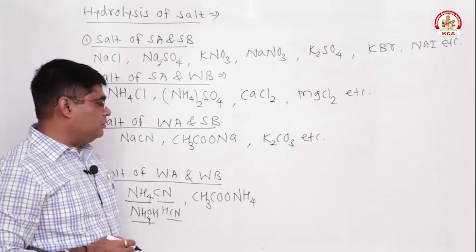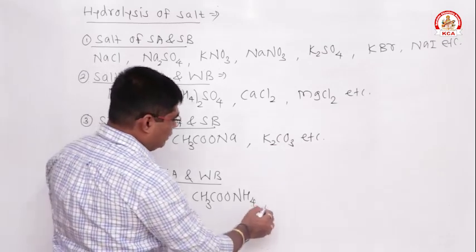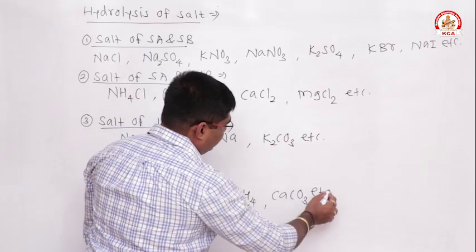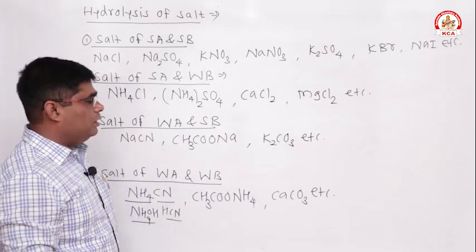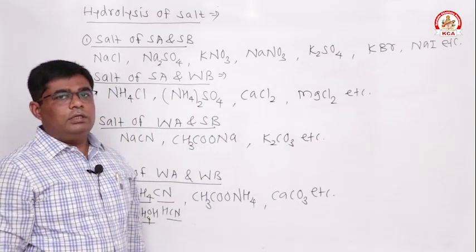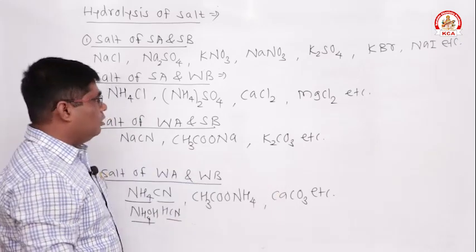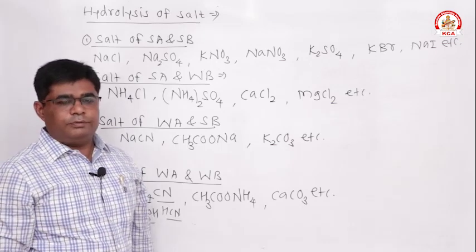Ammonium acetate, it is also salt of weak acid and weak base. Then CaCO3, calcium carbonate. So calcium hydroxide is the weak base, and H2CO3, the carbonic acid, is the weak acid. So all these are the examples of salt of weak acid and weak base.